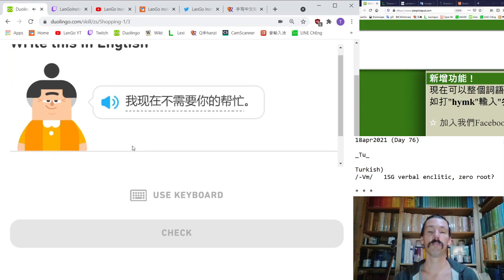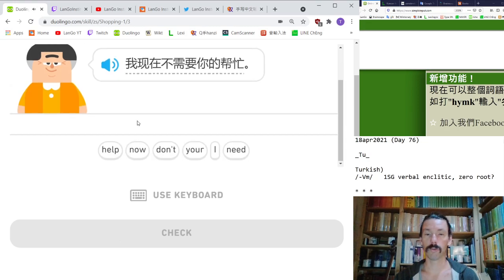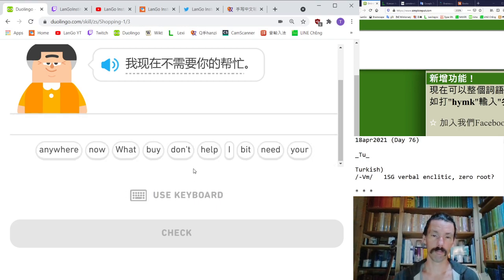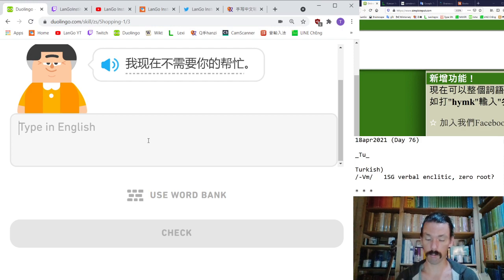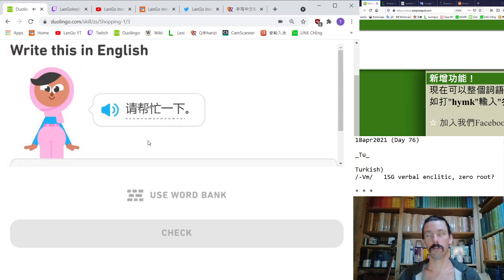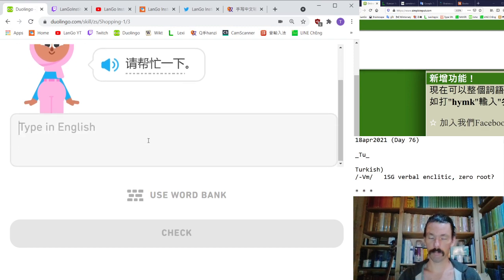我现在不需要你的帮忙。I don't need your help now. Oh, you can use the spacebar to toggle. 请帮忙一下。Give a little help.